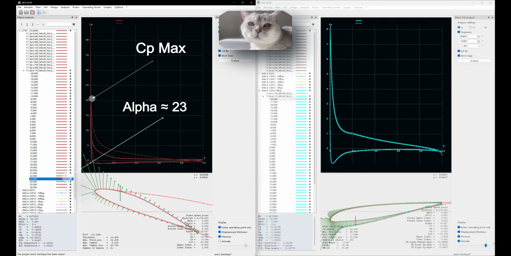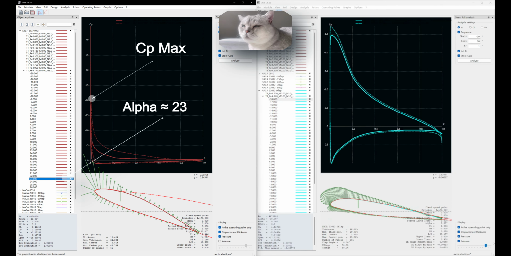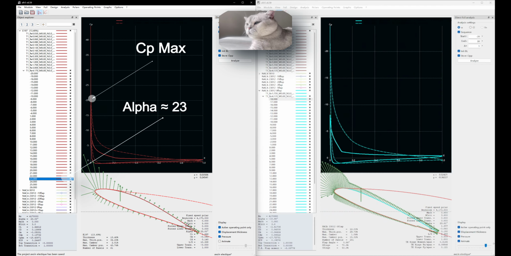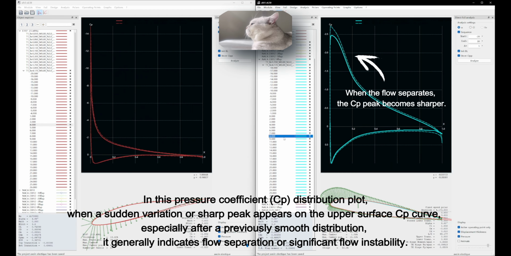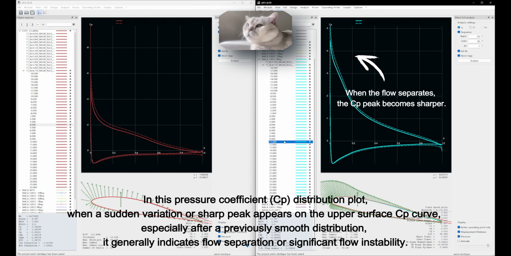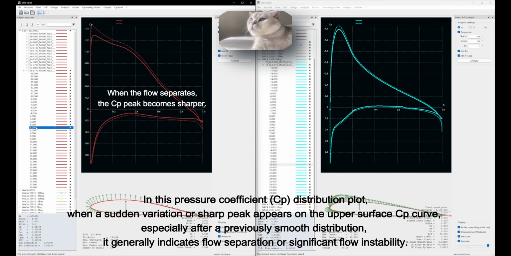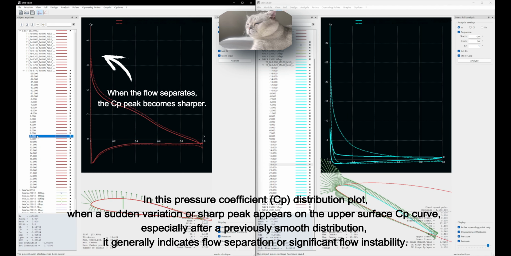Similarly, the stall angle of the E197 airfoil can be specified as 23 degrees. It is observed that flow separation on the NACA 23012 occurs at an angle of attack of 10 degrees, while for the E197 it occurs at around 6 degrees.